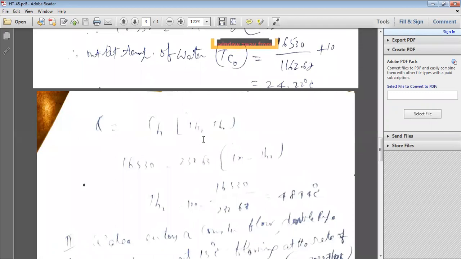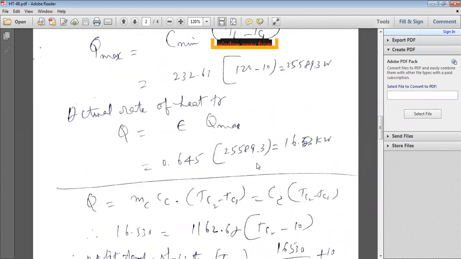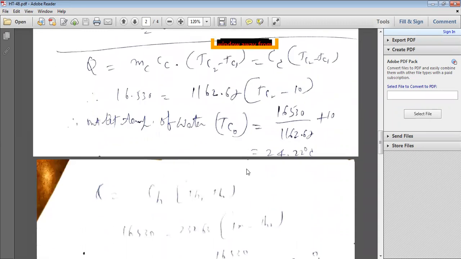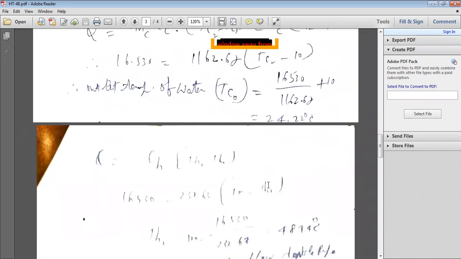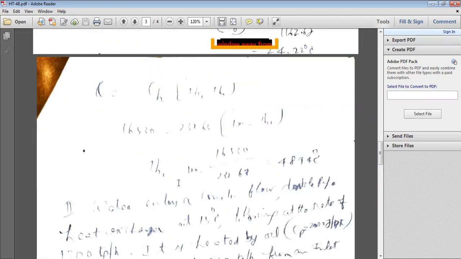232.63 into (120 minus TH2). Then you'll get the outlet temperature of the hot fluid. Therefore TH2 is equal to 120 plus 120 minus 16,530 divided by 232.63.